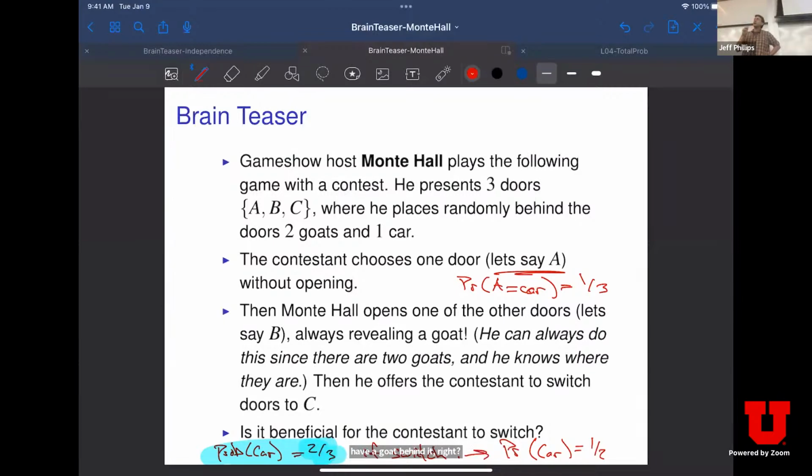So if I had slightly changed the problem and said, instead of Monty Hall actually opening the other door, I will give you a choice to get both of the other doors. I'm not going to open them, but you can switch to get what's behind doors B and C. Then what's the probability that you're going to get the car if you switch to doors B and C?